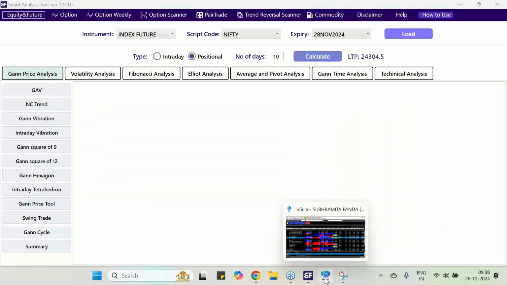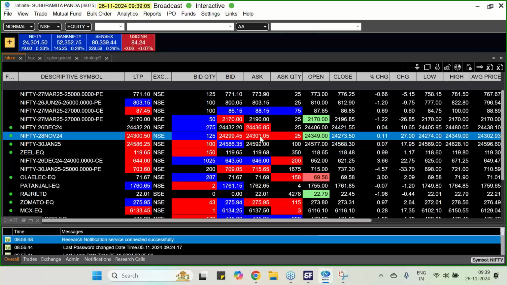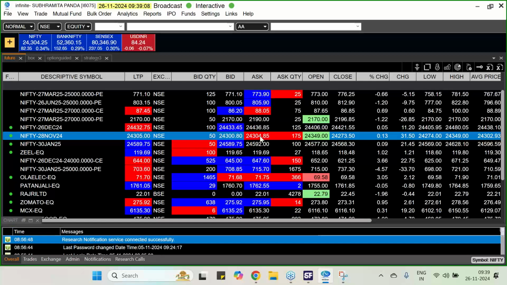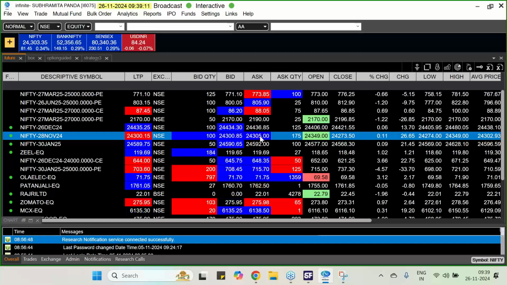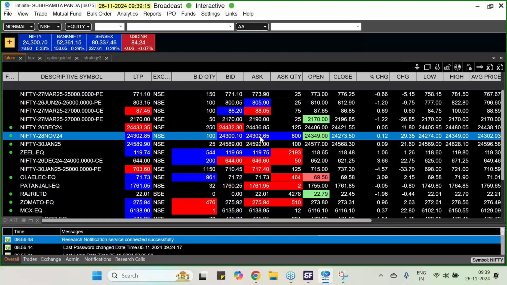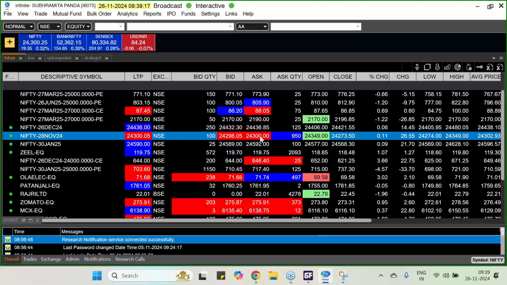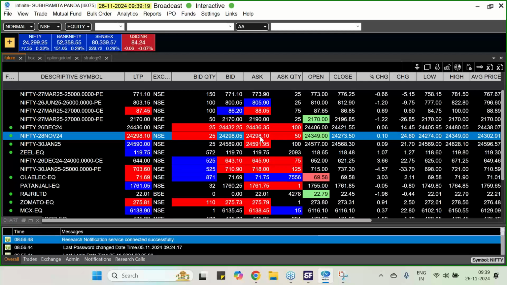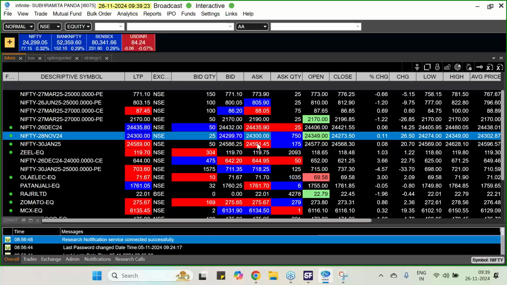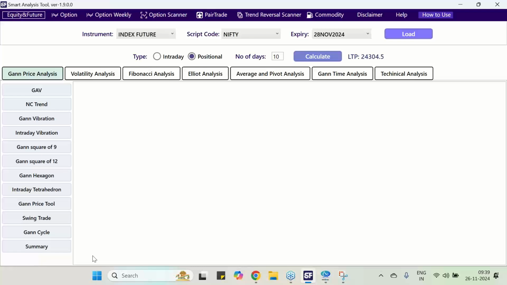Volatility of the index is 10 to above 15%, so that is a high volatility market, or 15 to 20% you can say. You cannot use the Elliott wave in all situations. High volatility market is only for Elliott wave. If volatility is high, then only you can use the Elliott wave.